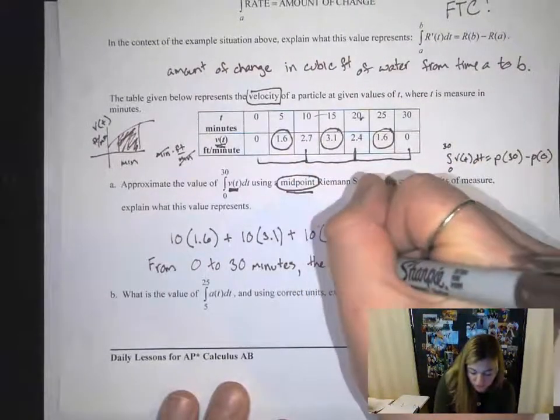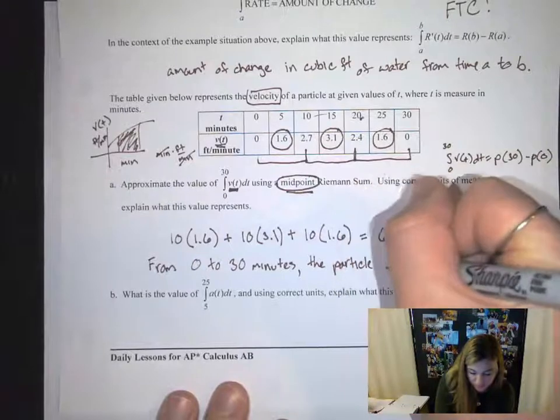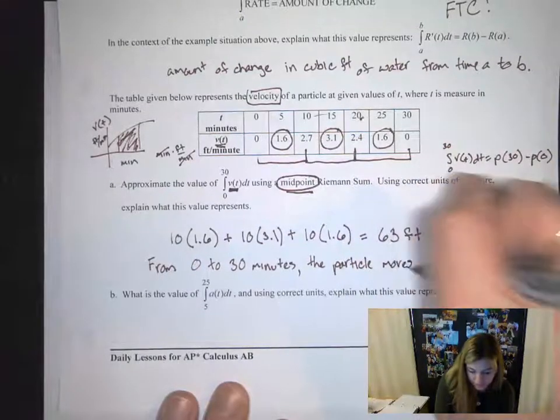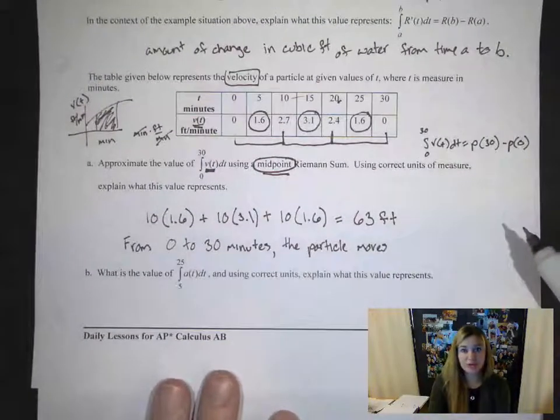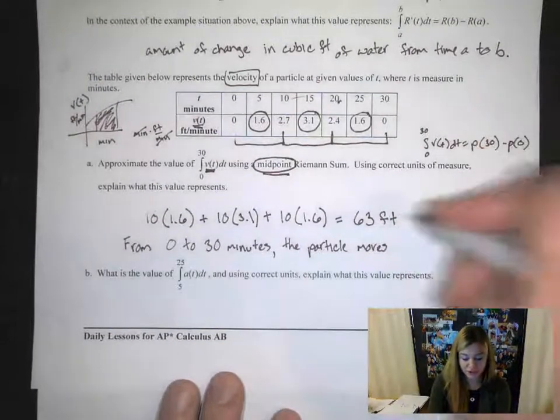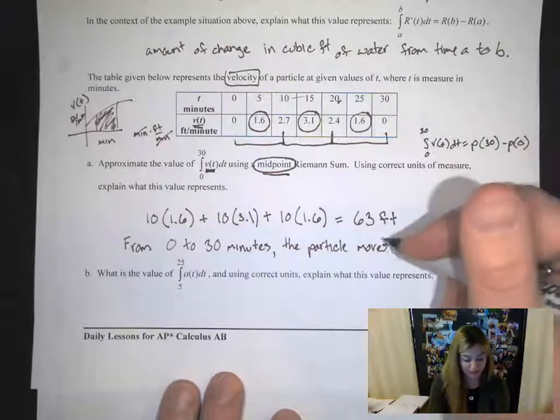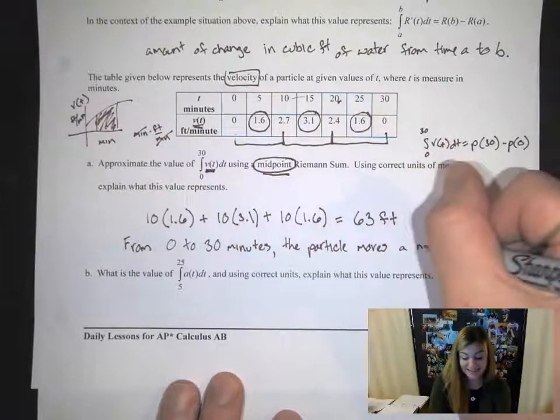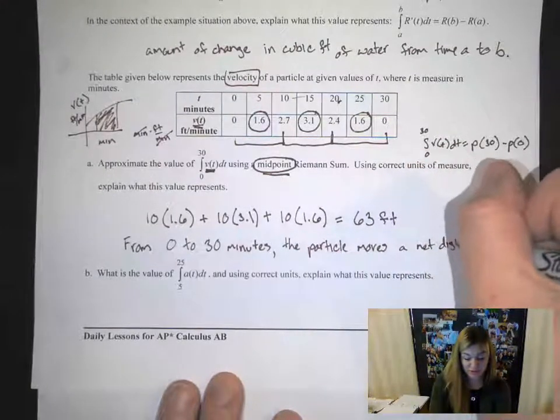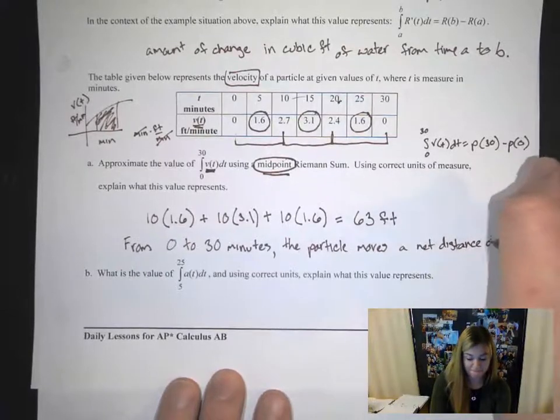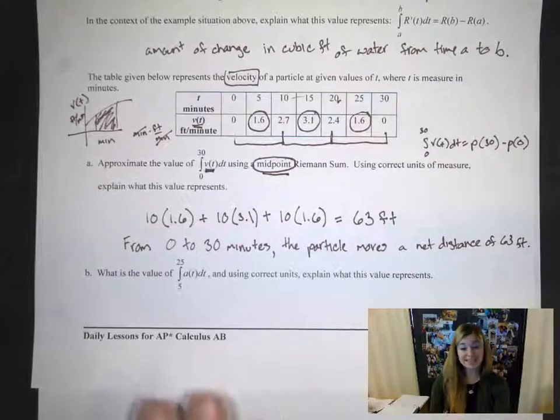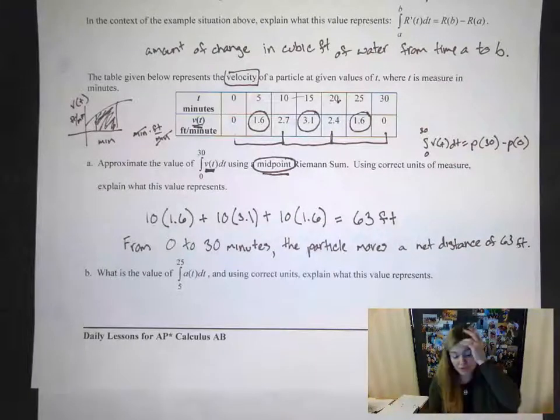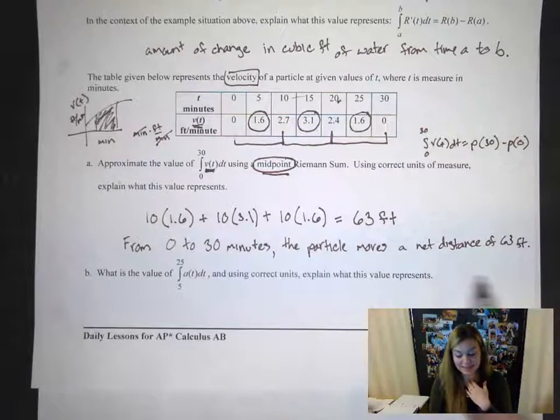The particle moves, and you can say the particle changes position, or position changes by 63 feet, or you can say moves a net distance, because we talked about this before. You can't say total distance because it could be moving back and forth during that time, but it moves a net distance of 63 feet.